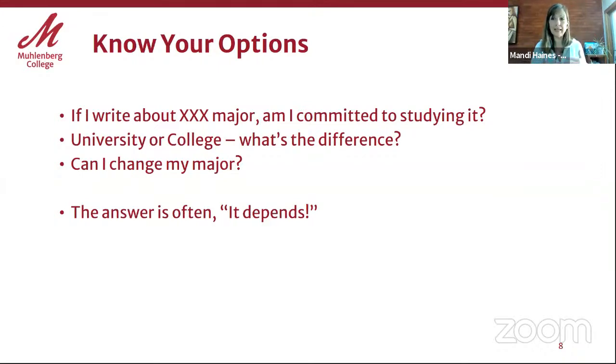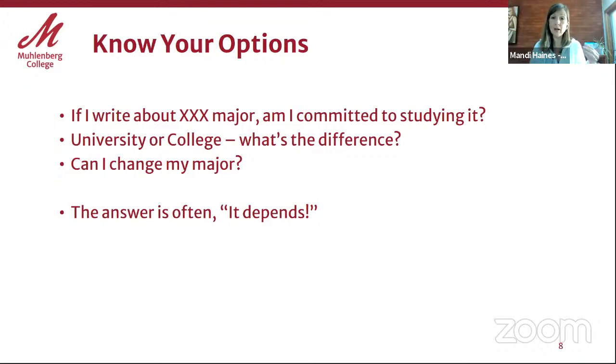Sometimes you can easily transfer from one major to another if you're staying within the same college in that university. But if you decide in your second year that you want to move from the College of Education to the College of Engineering, that can be very difficult to do. So in that way, it is incredibly important for you to really feel sure about what you're applying for and what major you're writing about.